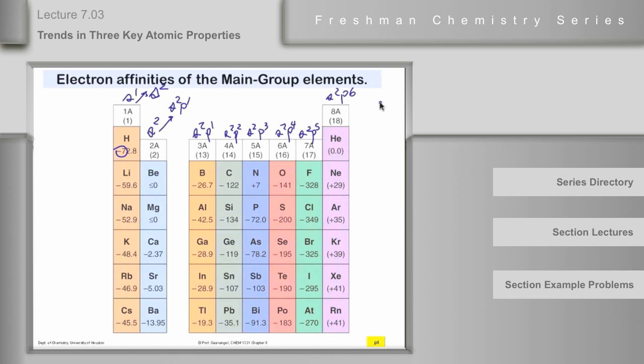Questions on the grand scheme of things in the main group? All right, so I remind you, if you have questions that have you compare electron affinities, you achieve the answer by comparing the stability of the electron configuration of the atom versus the ion.